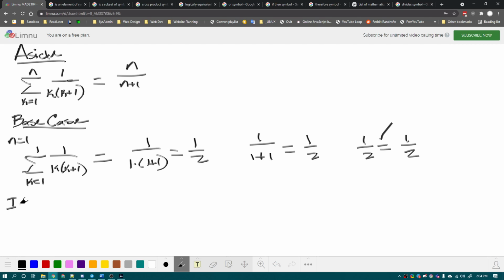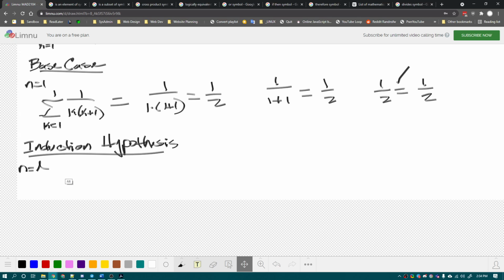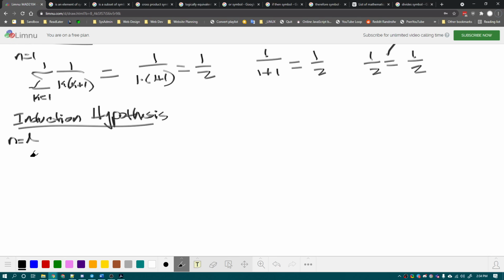Now we do our induction hypothesis. This is setting n equal to L. So that's the summation from k equals 1 to L of 1 over k times k plus 1 is equal to 1 over L times L plus 1.